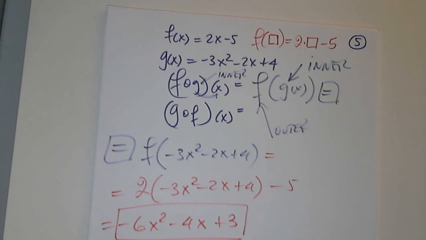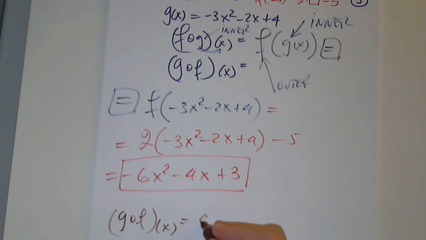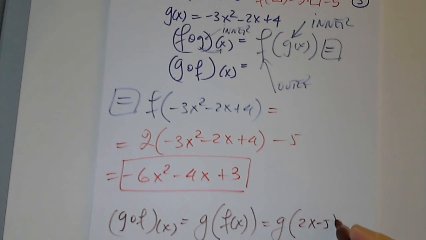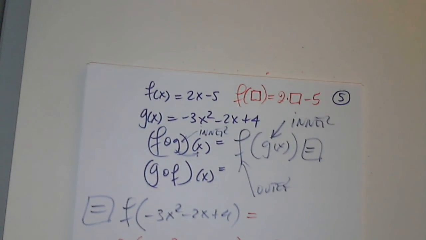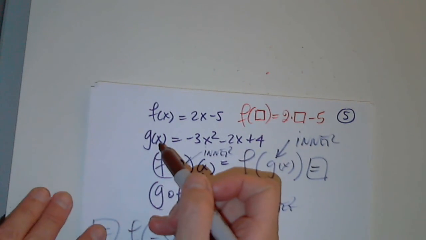Now, when I determine g composed with f of x, I have this time g of f of x, which is g of 2x minus 5. Let's go back to g for a second. What does g tell me?